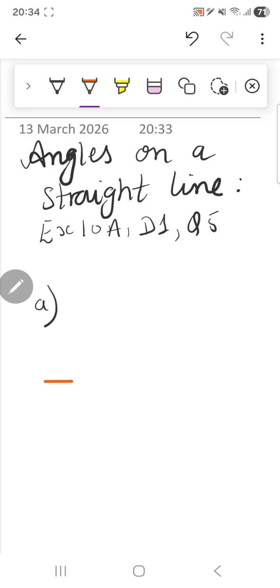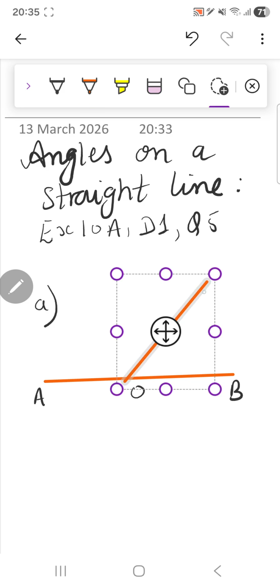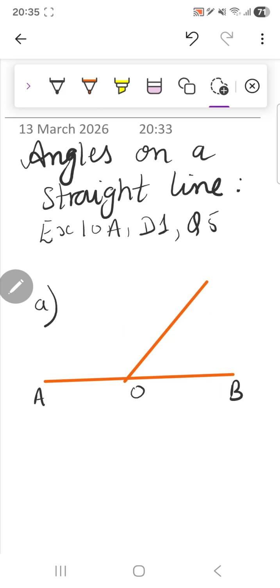So angles on a straight line mean all the angles will be on the straight line. So this is the straight line. For example, its name is AOB. And then this is the common arm.